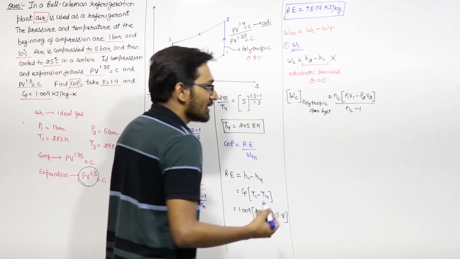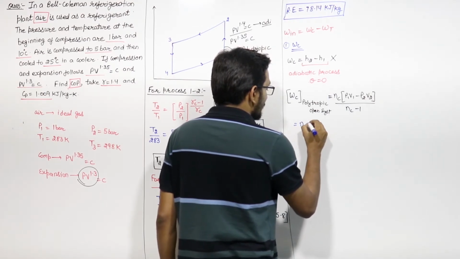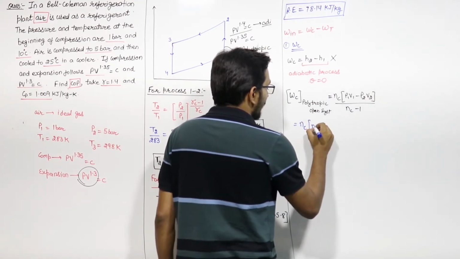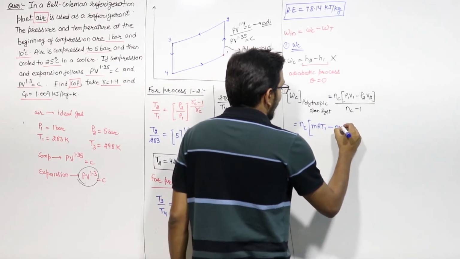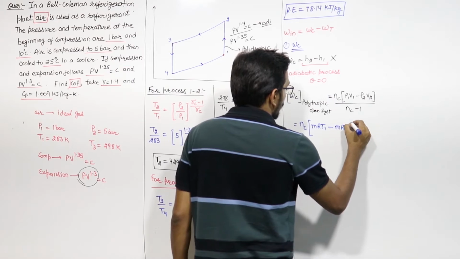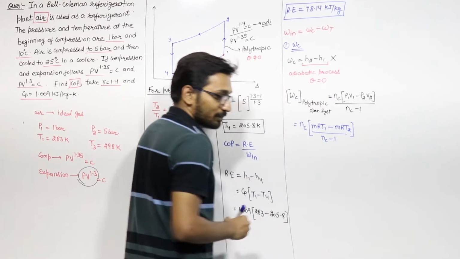So we are using this, and if it is an ideal gas, you can write this as Nc into P1 V1, which is mRT1, minus P2 V2, which is mRT2, divided by Nc minus 1.